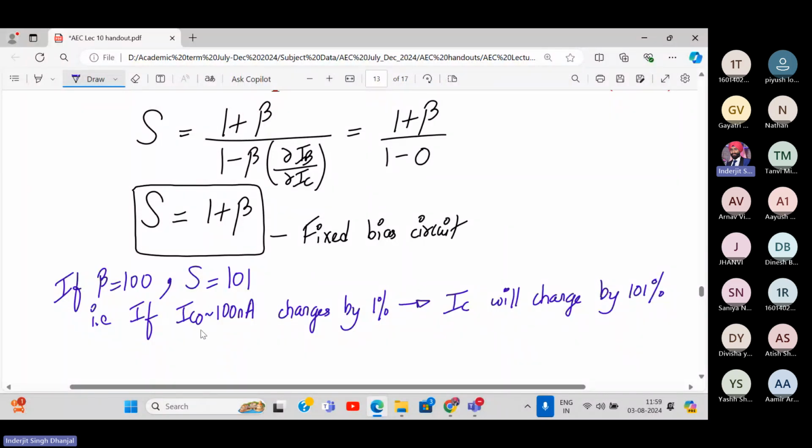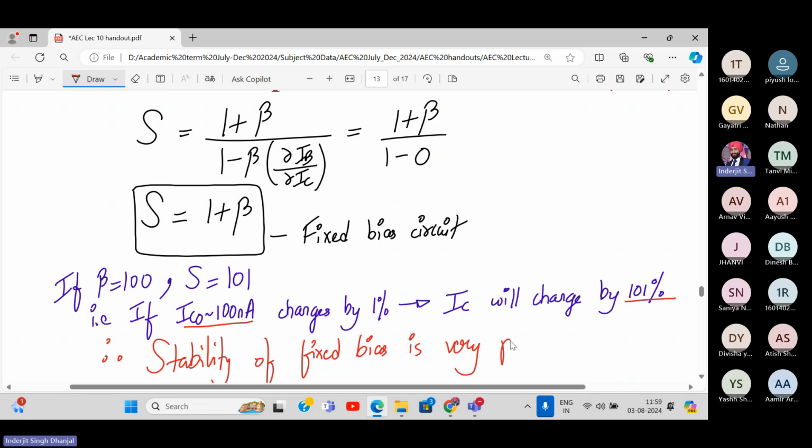ICO is a leakage current, it's supposed to be very small. If it changes by 1%, your IC changes by 101%. So the stability of this circuit is very, very poor. IC should not change and it is changing by 101%. Therefore, the stability of fixed bias circuit is very, very poor.